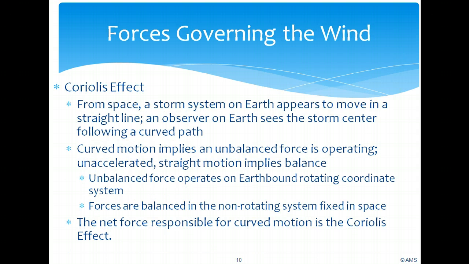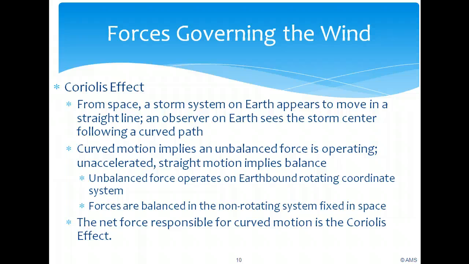The next force we're going to talk about is the Coriolis effect, or Coriolis force. The rotation of the Earth creates another force, which we call the Coriolis force, and this particular force acts upon wind and other objects in motion in very predictable ways.